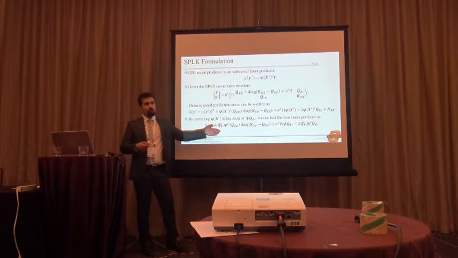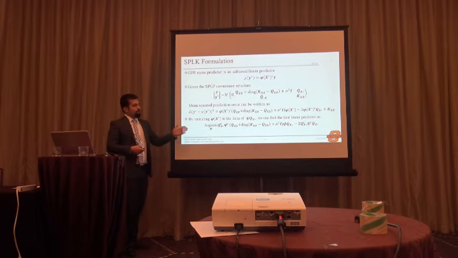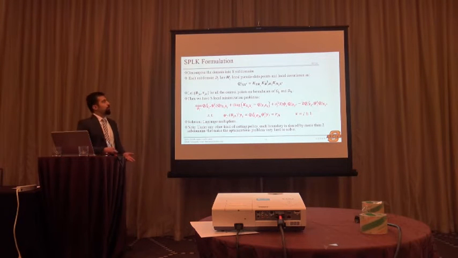This is a global optimization, not a local one. But because of using optimization, we can make it localized. So we decompose the domain into subdomains, as parallel subdomains. Then for each subdomain omega, we have a local approximation using the SPGP covariance structure, and we add some control points on the boundaries of subdomains.